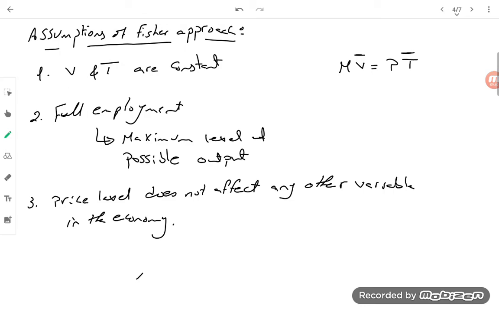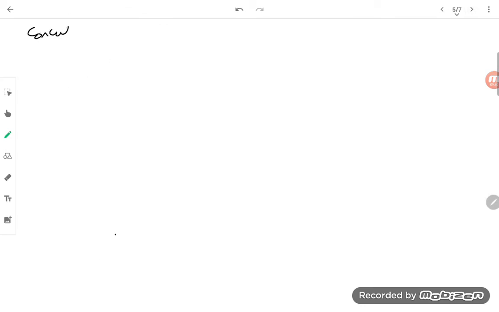So from this, we can conclude that as V is constant and T is constant, the relationship is between money supply and B. And according to the last assumption, which ensures that the only direction of this relationship is from M to B, as B doesn't affect any other variable in the economy.